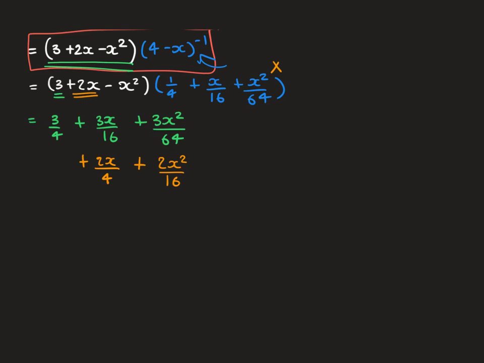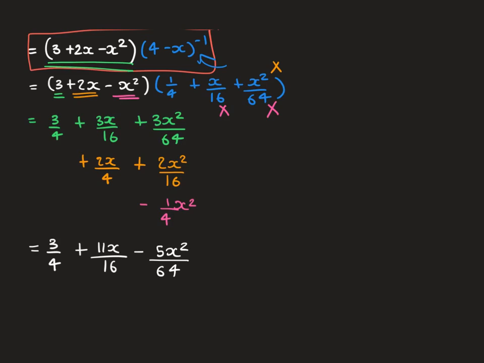And then I'm going to multiply the blue bracket by minus x squared, which gives me minus a quarter of x squared, but I'm not going to multiply here or here, as I'll end up with powers greater than 2 of x. So let's now add these terms together to simplify everything. This gives me 3 quarters plus 11x over 16 minus 5x squared over 64.